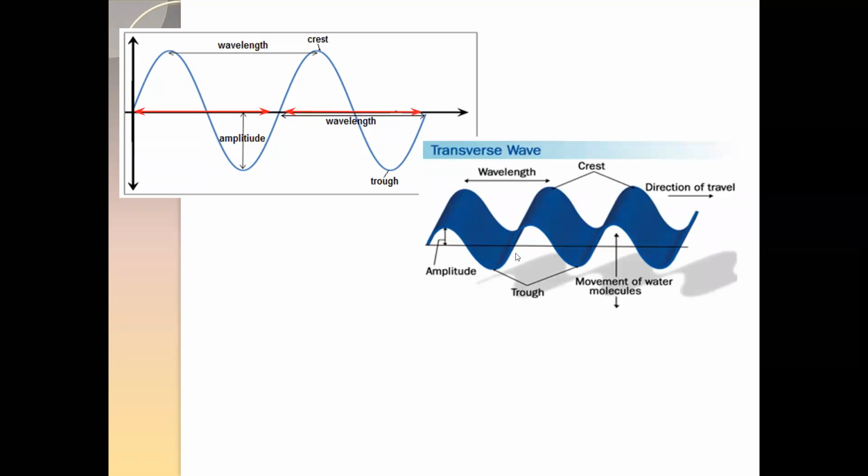How many wavelengths are there in this picture? It's a 3D. How many wavelengths can you see? This is 1, 2, 3.